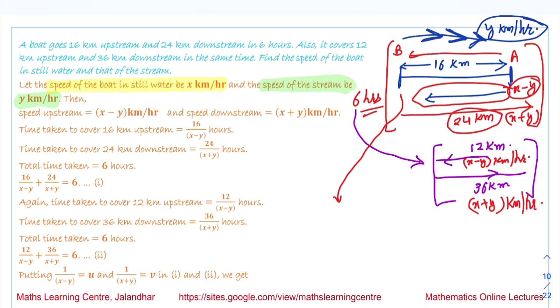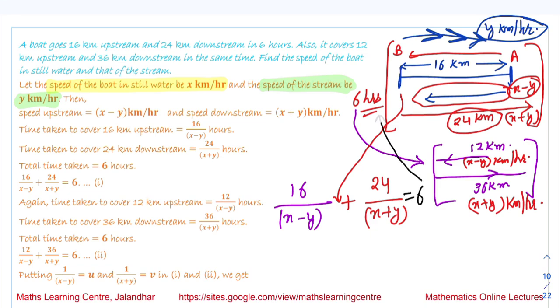So the equations that we get: with the speed x minus y kilometers per hour, the distance it has traveled is 16 kilometers. So this is the total time taken for upstream. Next, with the speed x plus y kilometers per hour, it has moved 24 kilometers. The total time taken is 6 hours.